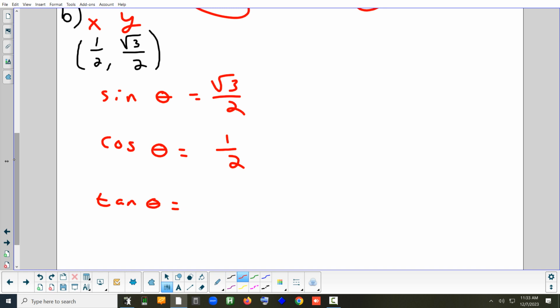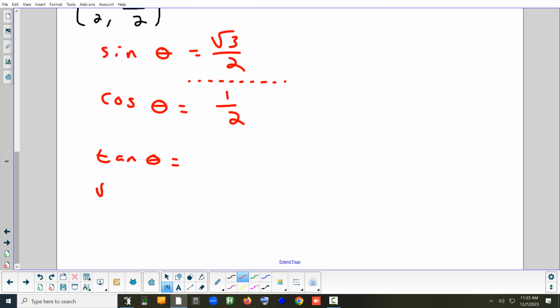And now let's do the tangent. Formula for tangent is y over x. So a lot of times what I do visually is I just go like this. Just imagine putting a fraction line there. That's y. That's x. So we're going to divide those two fractions. So square root of 3 over 2 divided by 1/2.